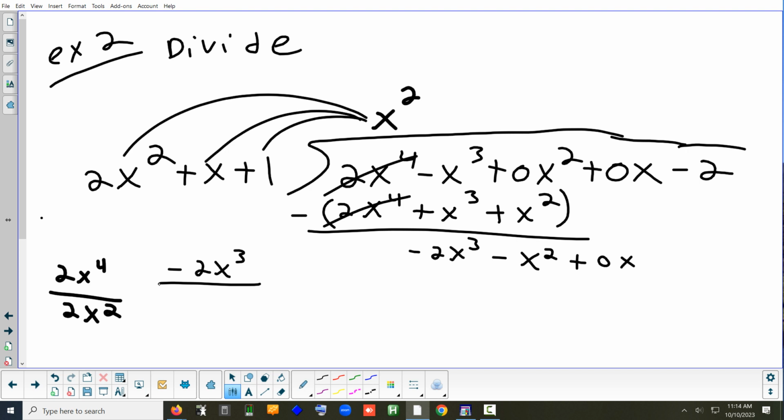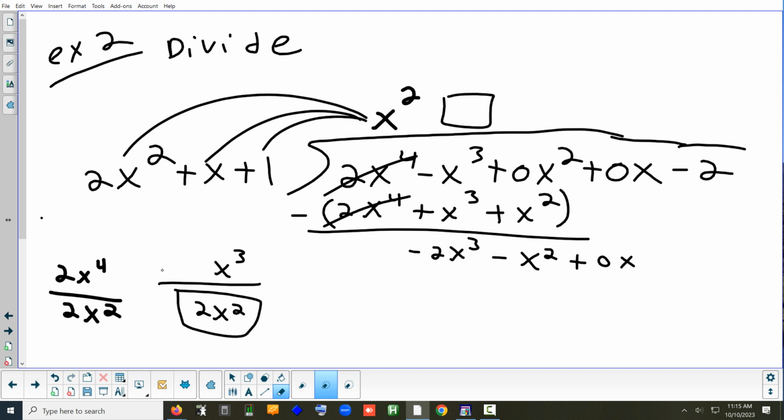Negative 2x to the third divided by 2x squared. So you divide the term on the inside by the one on the outside.